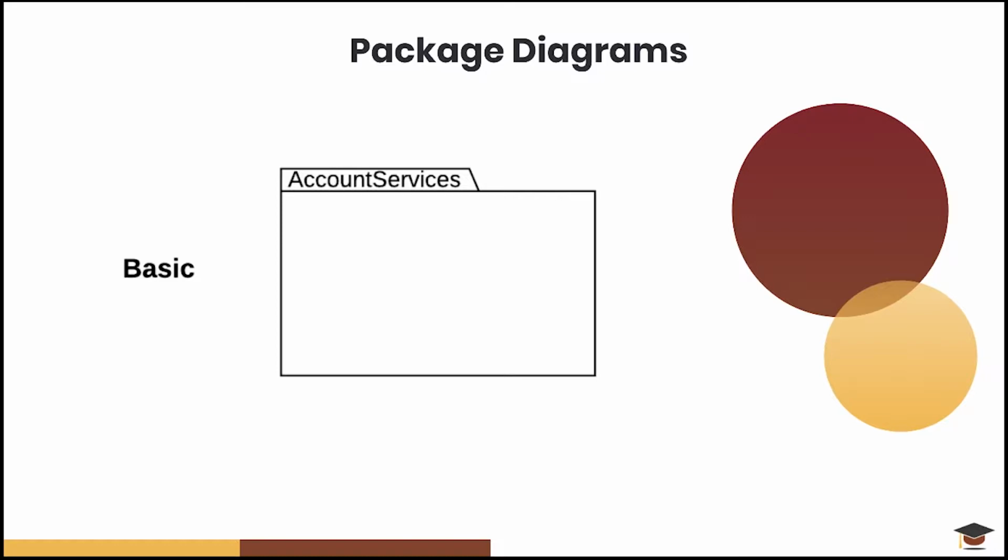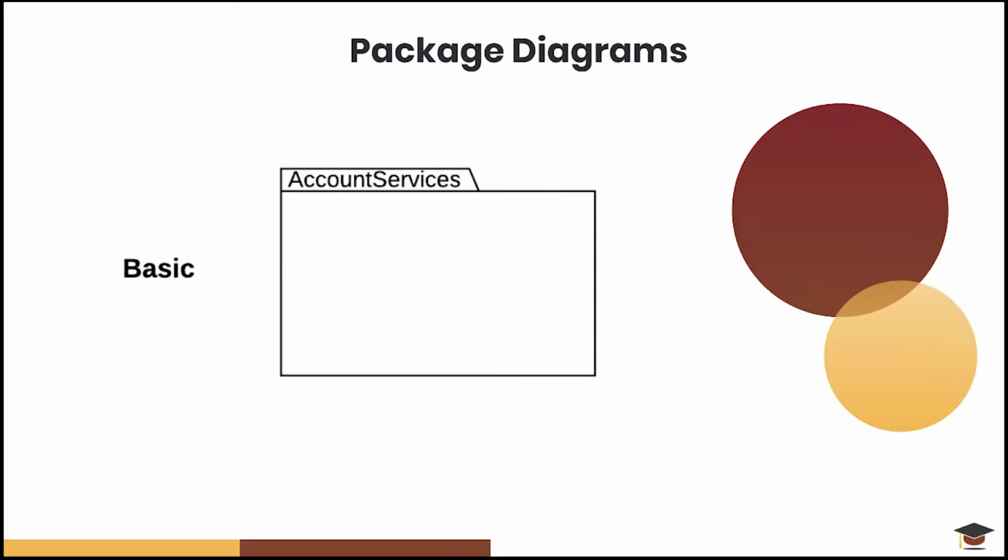Now, to create a package diagram, we must first understand the different types of diagram components that make up the package diagram. One of the simplest ways to create a package diagram is to start by creating a basic file folder object. On the screen here, I have a basic package diagram, and it has a package name, right?